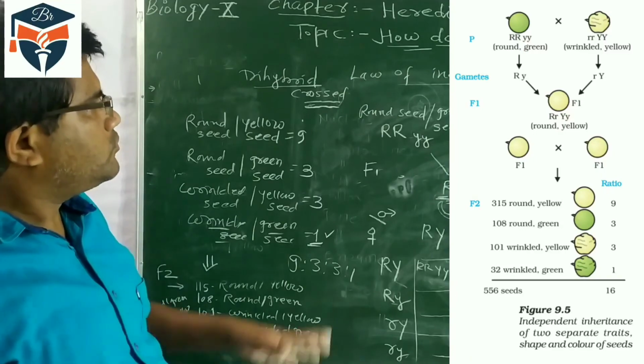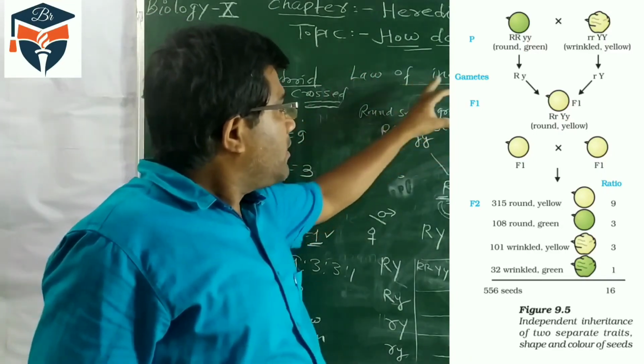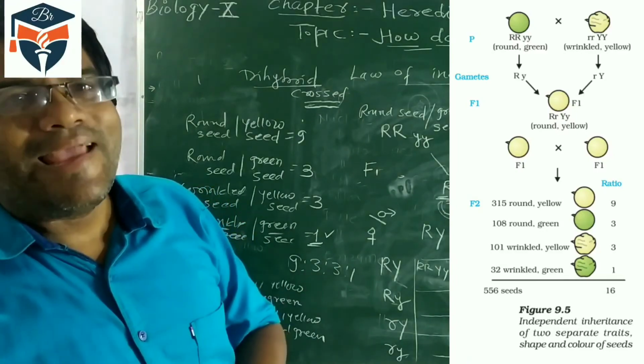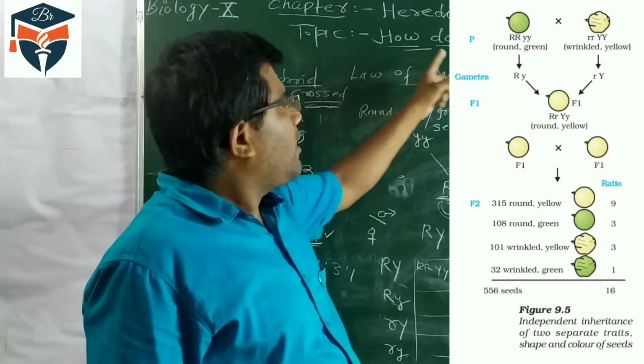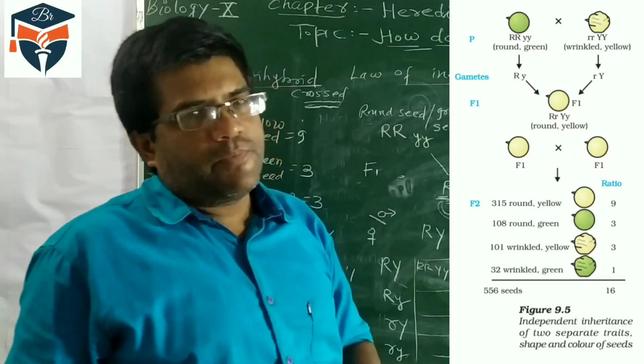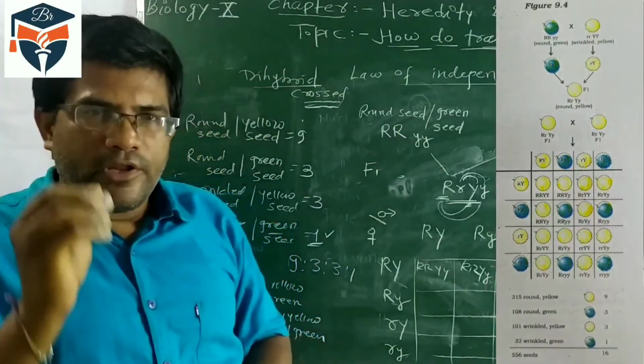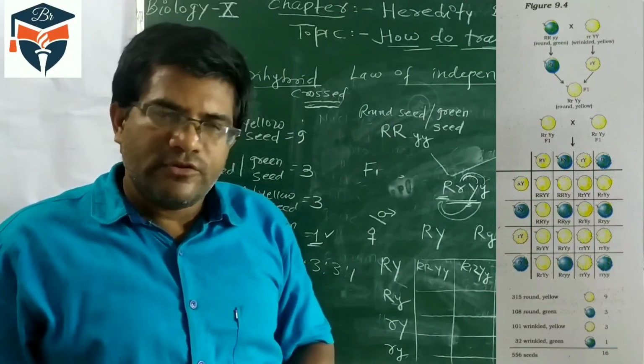So thus, students, we should remember that each allele expresses its individual characteristic, and that is how a trait gets expressed. So again, you will see in the cell there is DNA, and DNA synthesizes the protein.